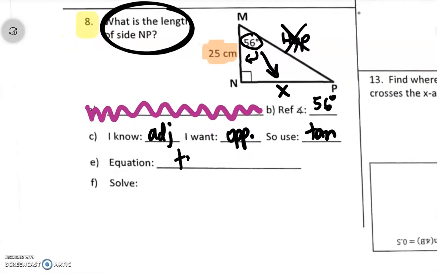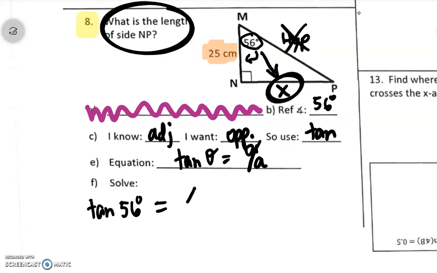So we can say that the tangent of angle theta is equal to opposite divided by the adjacent. So we're going to say that tangent theta, which is 56 degrees, that's our reference angle, will always be equal to the opposite side, which is x, over the adjacent side, which is 25. So every 56-degree angle in a right triangle, the tangent ratio is always going to be some number divided by 25.